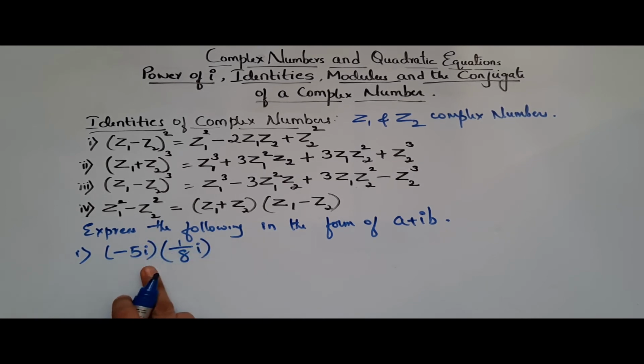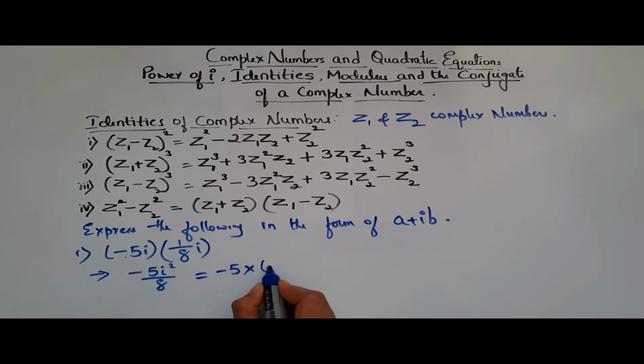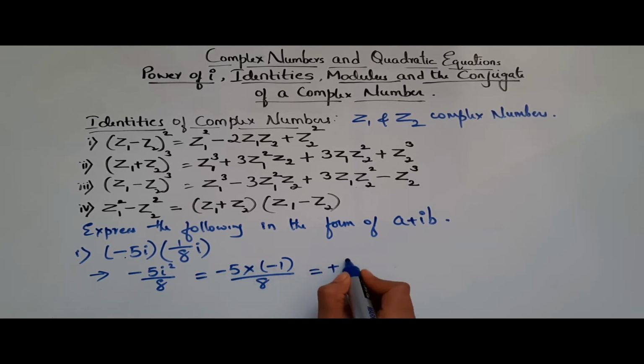So when you multiply, this will be minus 5 i square by 8, which is equal to minus 5 into, what is i square? We know it is minus 1, by 8. Minus into minus is plus, 5 ones are 5, 5 by 8.